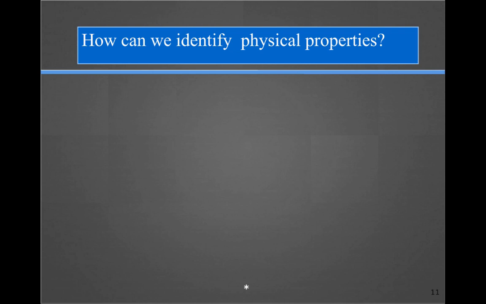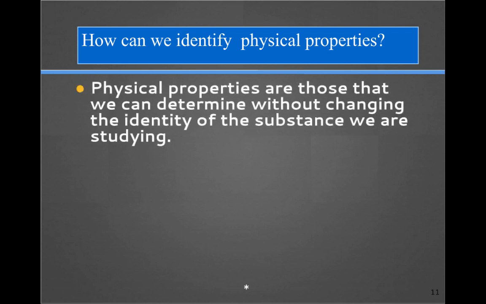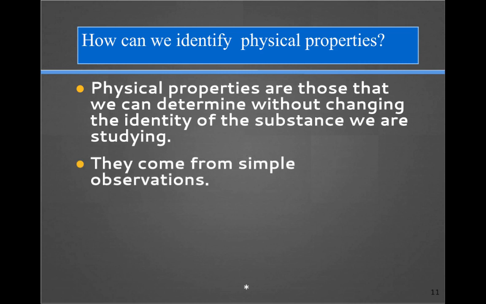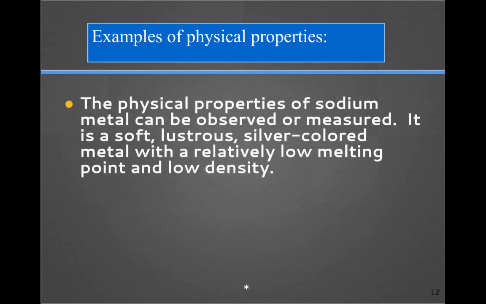So how do we identify physical properties? Physical properties are those that we can determine without changing the identity of the substance we are studying. They come from simple observations. So examples of physical properties.